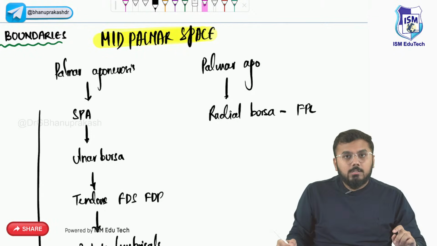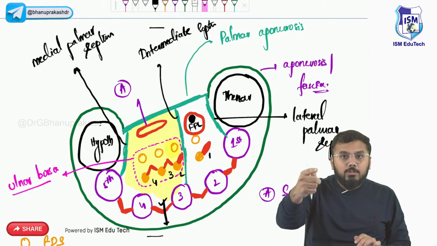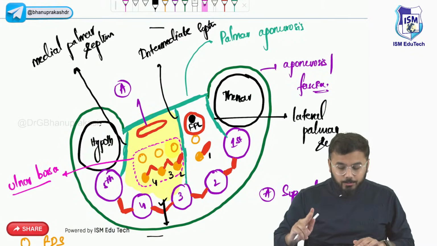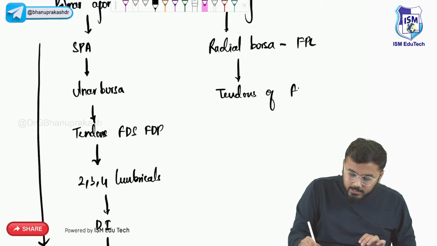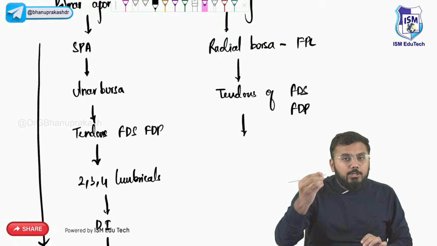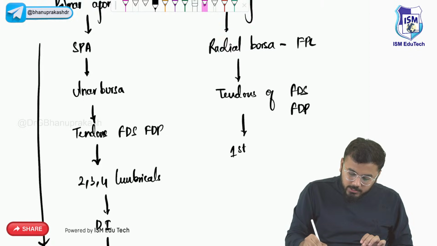Flexor pollicis longus. Then below that I have got tendons. One is flexor digitorum superficialis, another one is flexor digitorum profundus. So below that I have got tendons of flexor digitorum superficialis and flexor digitorum profundus. And attached to flexor digitorum profundus, I have got first lumbrical, right? So first lumbrical I have got.